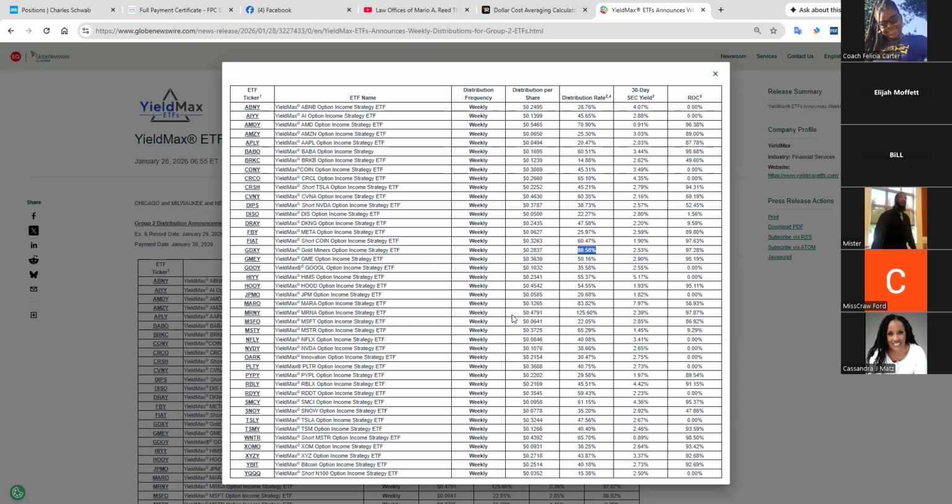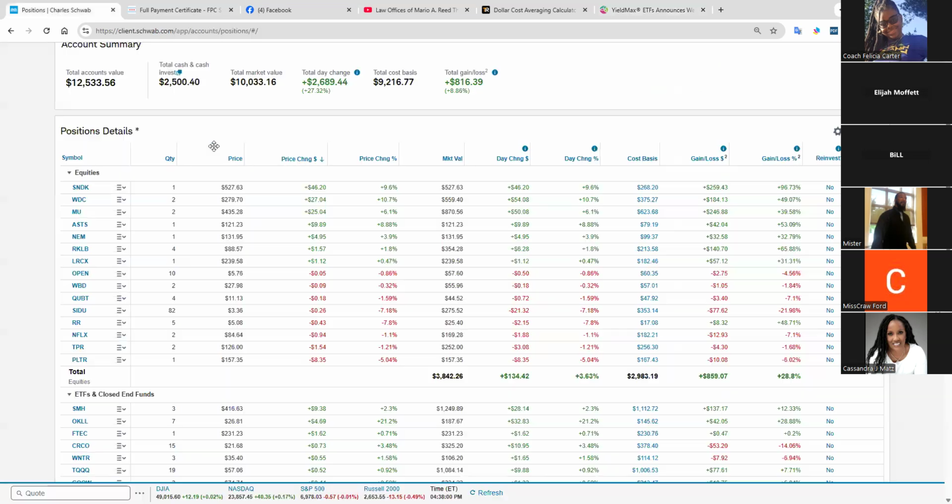So perfect. What I'm going to do is take half of the dollar cost averaging amount of $2,500 that I put into the account, and half of that is going to go towards my high yield dividend paying funds. The reason I'm doing that is because I want to generate income that will become the money I use to purchase more stocks, equities, ETFs.